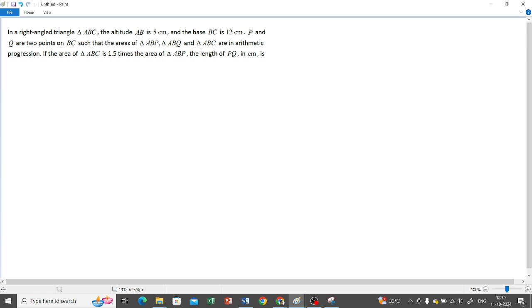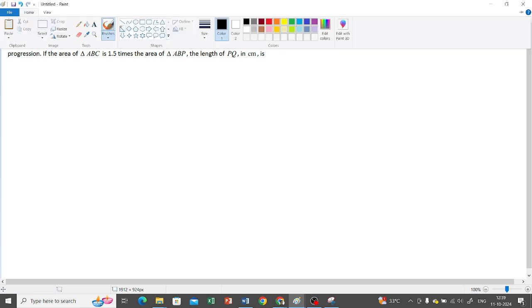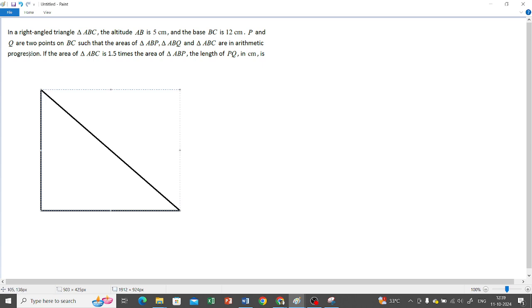In right angle triangle ABC, the altitude is AB and the base is BC. So let me draw a right angle triangle ABC.